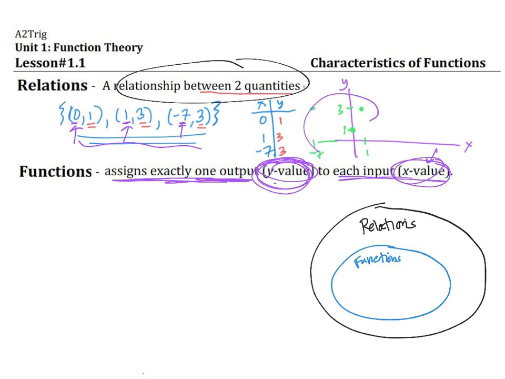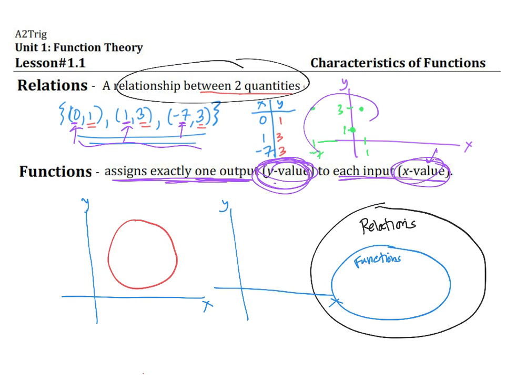Now visually, here are two different graphs. Remember x-axis, y-axis. If I graphed a circle versus graphing a parabola, which one of these represents a function and which one is not a function? If I want to have exactly one output for each input, I go across here, this is my input, and whatever this value is, this is my output.